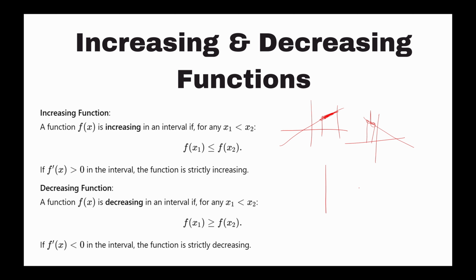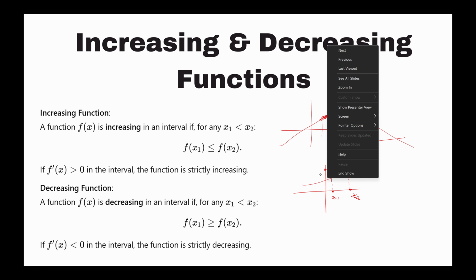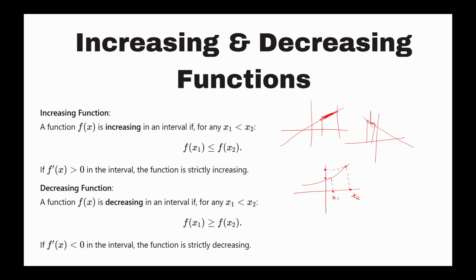So let's say if I have a graph, this is an exponential increase graph. So let's say this value here is my x2, and this value here is my x1. So I can see that at x2, what is my f of x2? My f of x2 is somewhere here and my f of x1 is somewhere here. So at any time, I can see that my f of x2 would be greater than f of x1.